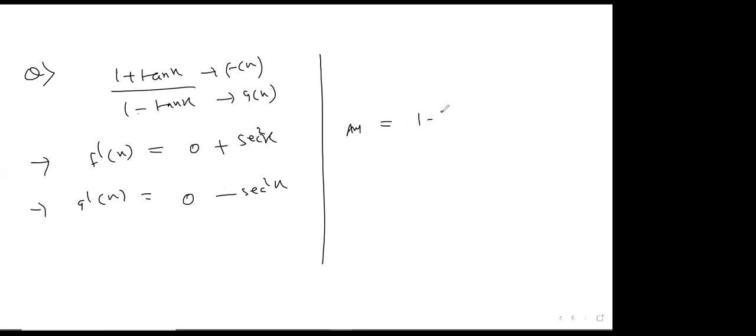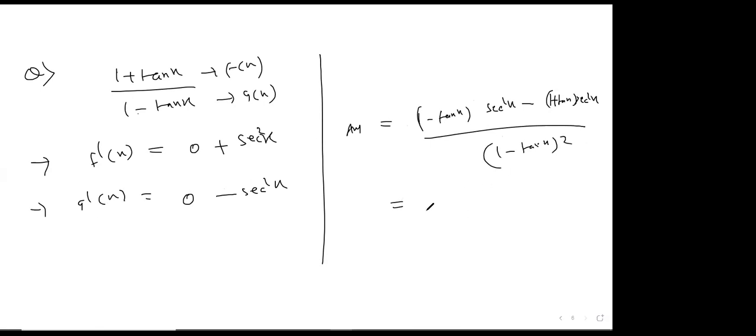g of x, so 1 minus tan x, into f dash x, so secant square x, minus f of x, so 1 plus tan x, into g dash x, so minus secant square x, whole divided by 1 minus tan x whole square. All right, then multiply this.